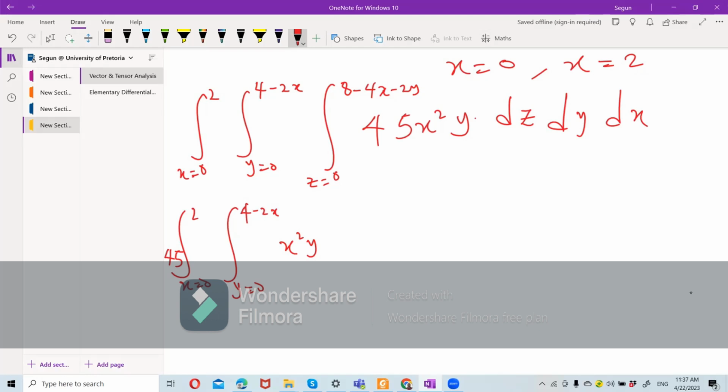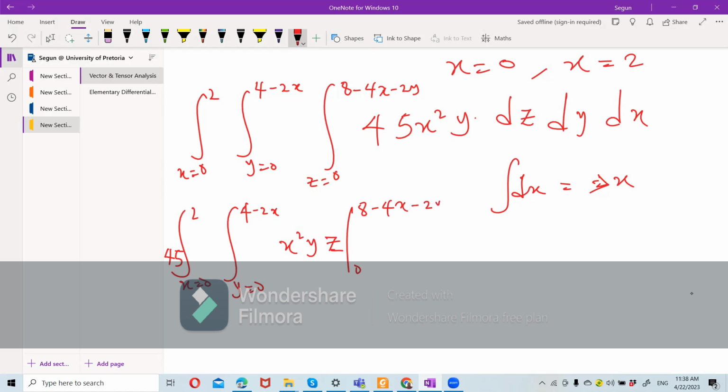If you integrate with z, you only have z here. Do you agree with me? When you integrate the x, what do you have? You have x. So in this case, the others will be constant. We just integrate the z alone. You have z from 0 to 8 minus 4x minus 2y.